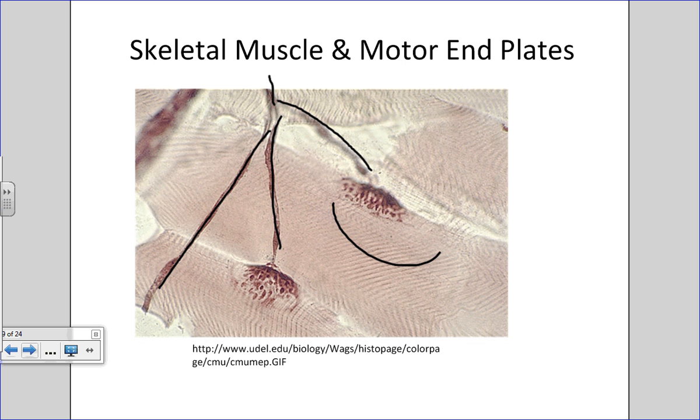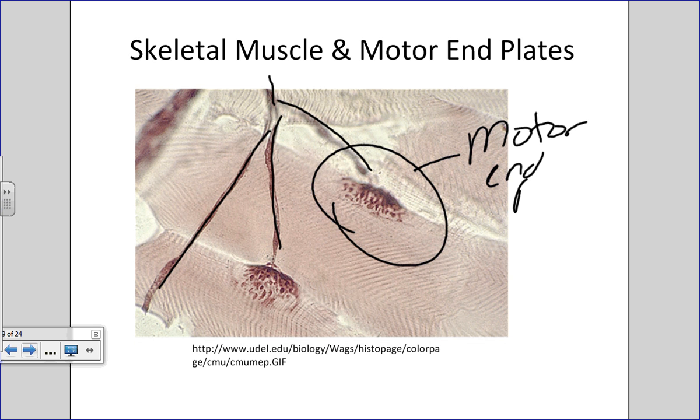Now these right here, this is what we would call a motor end plate. We're going to talk about this in a second, but this motor end plate is going to form what's called the NMJ, or the neuromuscular junction, because there are certain events that take place here.